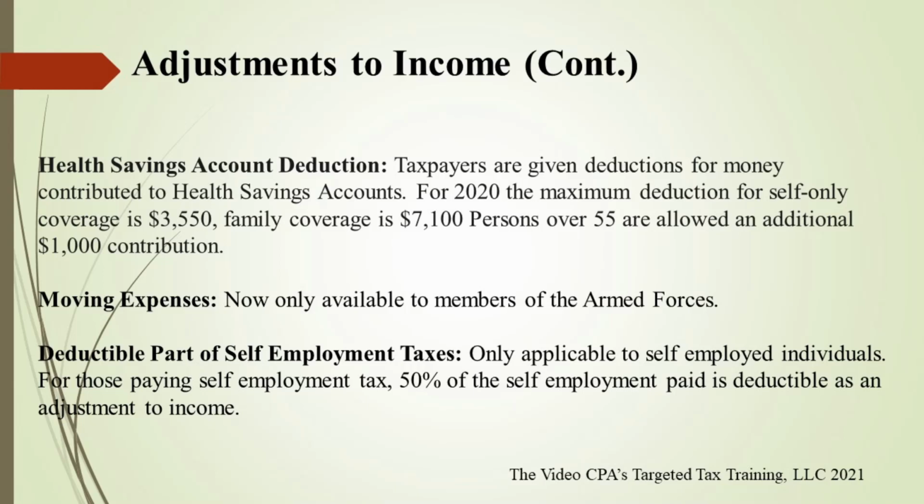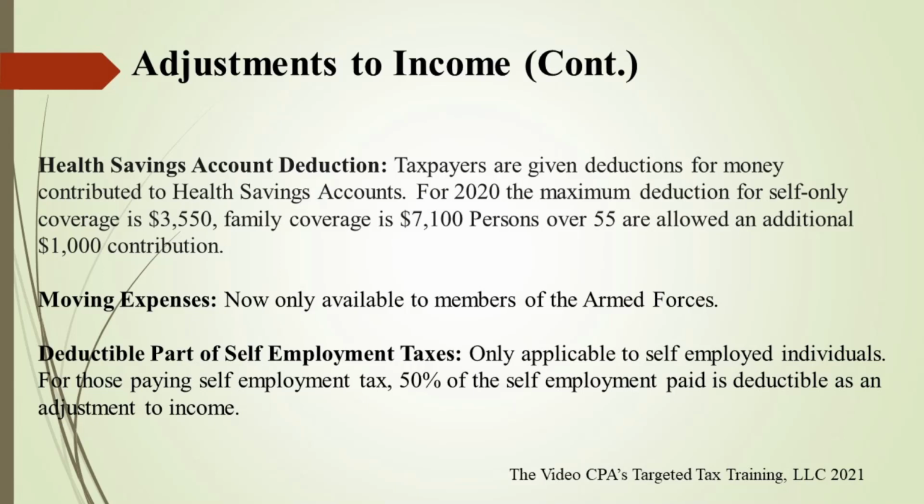You don't have an employer, or you are the employer, so you have to pay both parts. As a result, the IRS kind of throws the self-employed people a bone. It certainly doesn't make them equal to an employee, but it allows them to deduct 50% of their self-employment tax in the adjustments area as an adjustment to income.